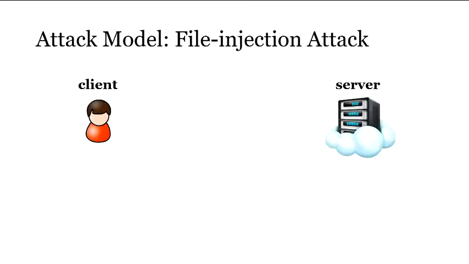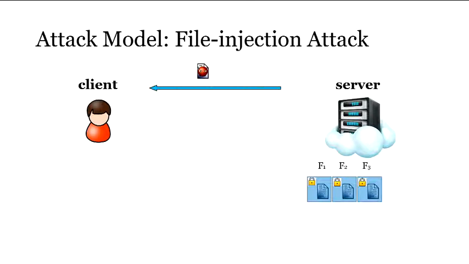So first, the attack model, file injection attack. Again, imagine a case of an encrypted email system. A client encrypts all of its emails under the searchable encryption scheme and hosts it on the server. But as it's an email system, the client has no way to prevent anyone from sending him emails.